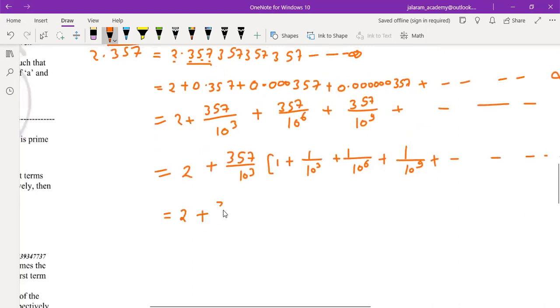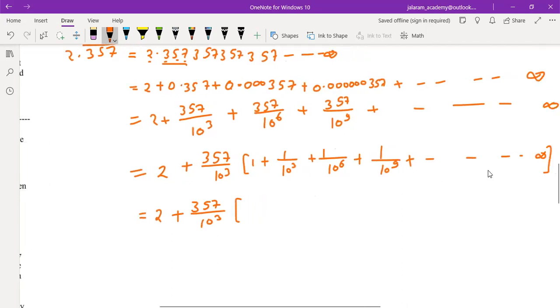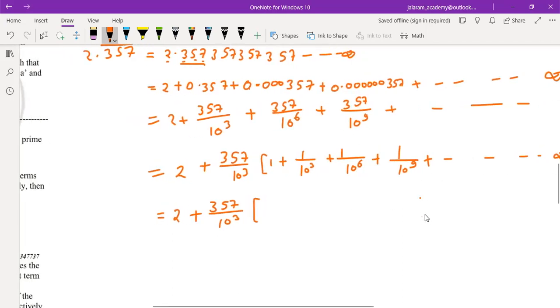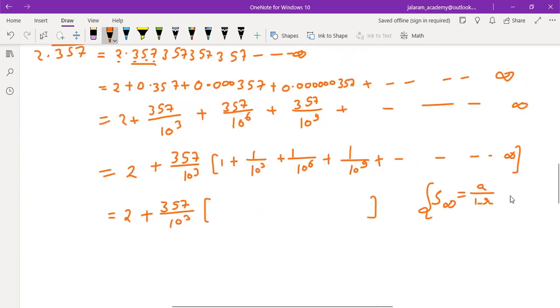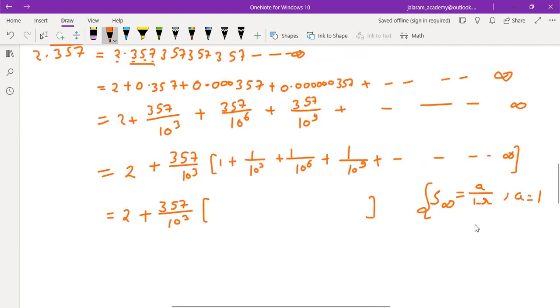2 plus 357 upon 10 cube into. Now this time it is up to infinity, and we know that sum to infinity is A upon 1 minus R, where first term A is given by 1.